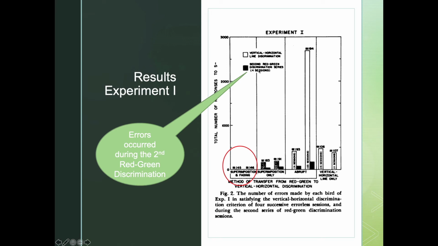And it's interesting that you see even after that discrimination was established, in the other conditions, you see that some errors are made to the red-green in the second follow-up. So in other words, this was a discrimination the pigeons had already learned. But then after the line discrimination, when they went back to the red-green, suddenly there are errors made. So that became interesting. Why did that happen?